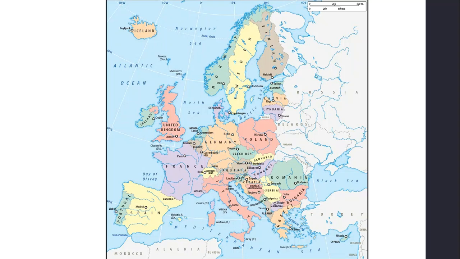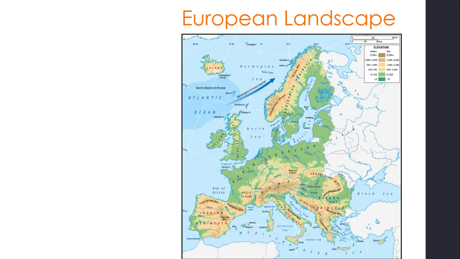There are certainly some people who would disagree with this map about what belongs and what does not belong in Europe, especially Turkey. While not traditionally considered part of Europe, the western portion of Turkey is very European and has applied to enter the EU several times.